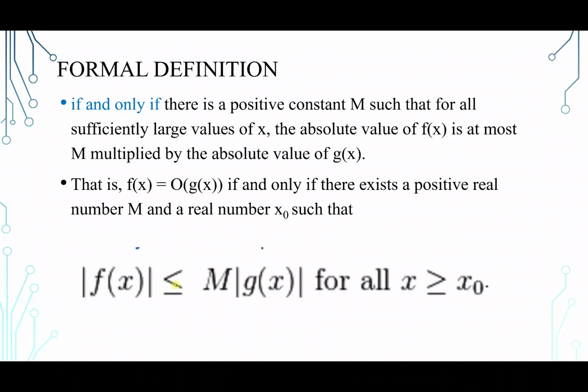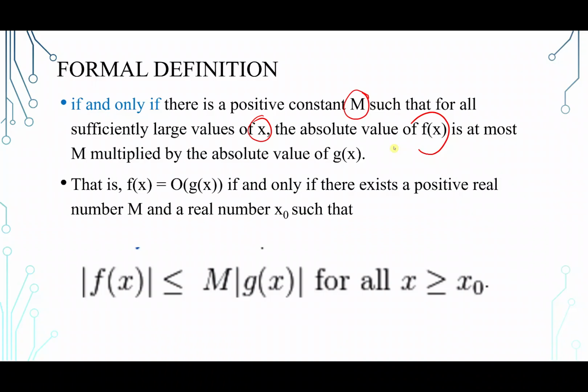The formal definition says if and only if there is a positive constant m such that for all sufficiently large values of x, you can sometimes see people using n, the absolute value of f(x) is at most m multiplied by the absolute value of g(x).